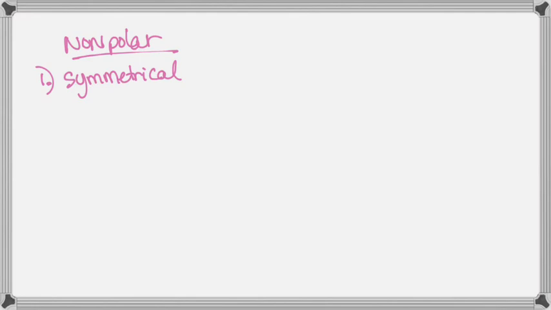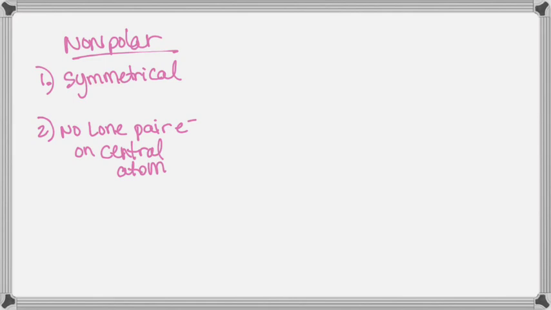In other words, all of your surrounding atoms are identical, and no lone pairs of electrons on your central atom. So if we're going with nonpolar, this is an and situation. Both of these things have to happen to be considered nonpolar.